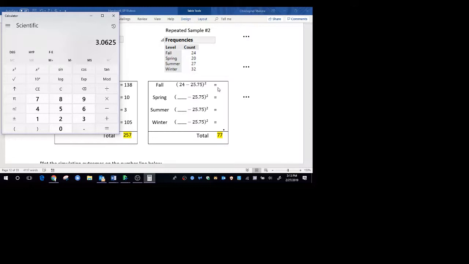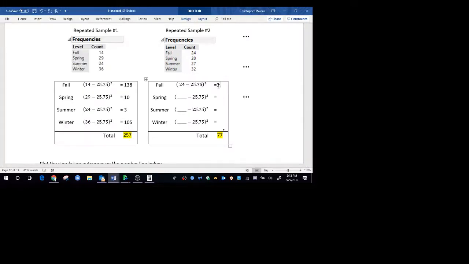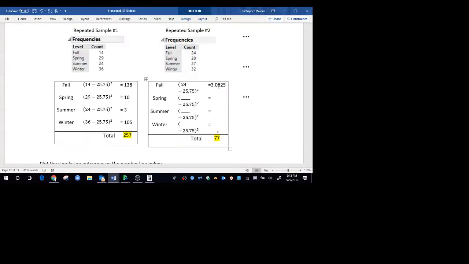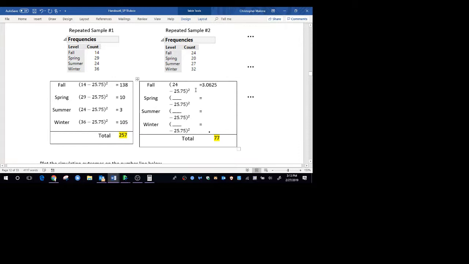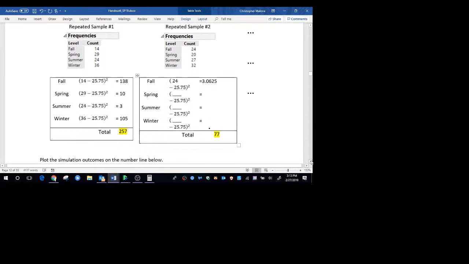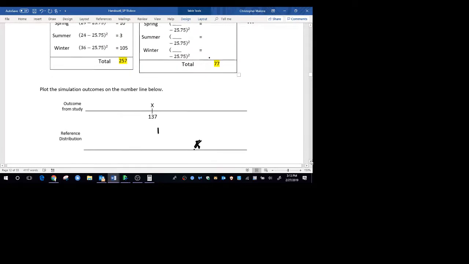I get 3.0625 here. And then I'm going to keep doing that for each of those other seasons as well. So here I'm going to take 20 minus the 25.75, square that all the way down. So I'm going to get another value. It looks like on the second iteration, I already added that up for you, was a value of 77. So that's going to be back here.